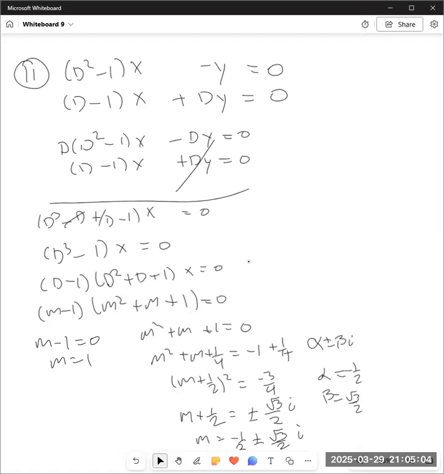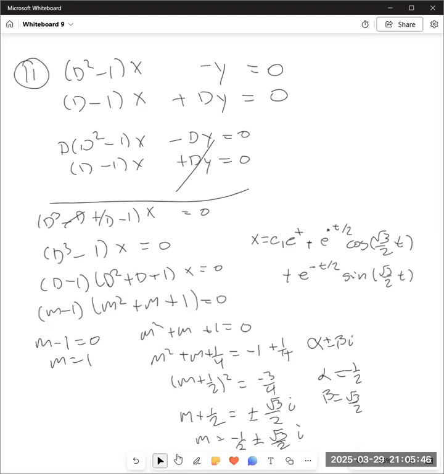So that means my x equation is c1 e to the t plus, and then alpha is negative 1/2, so that's e to the negative t over 2, cosine of root 3 over 2 t plus e to the negative t over 2 sine of root 3 over 2 t.